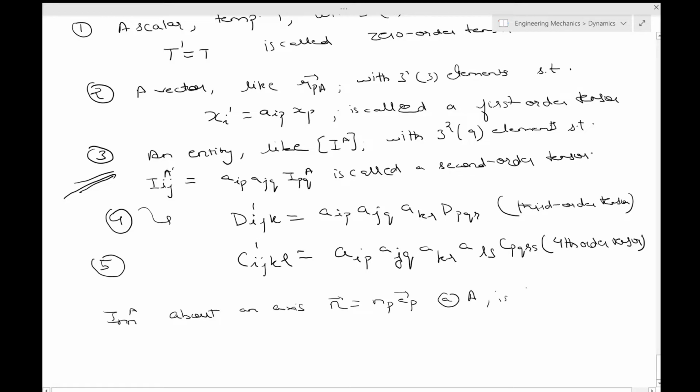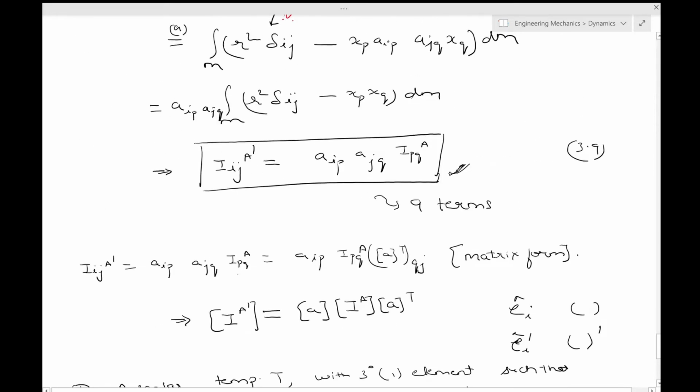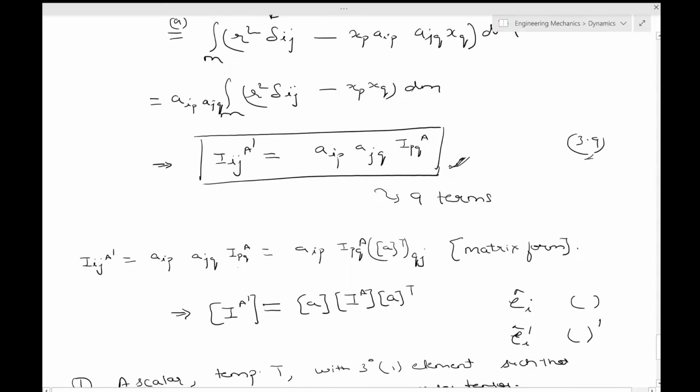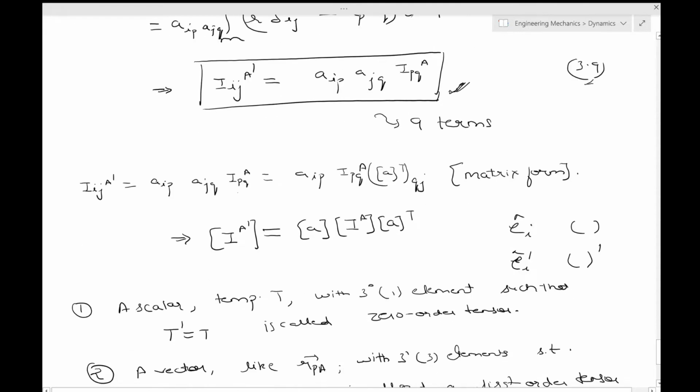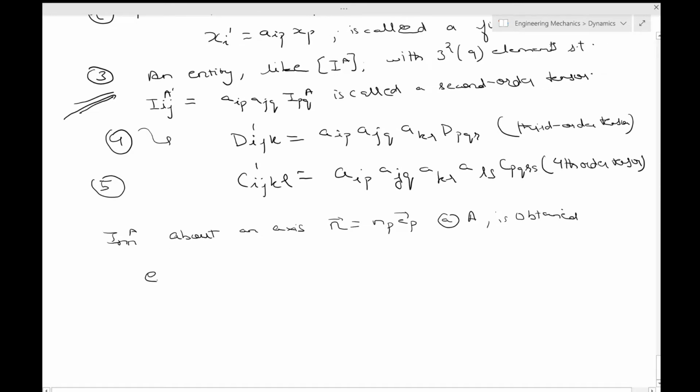This is obtained using this equation which we have just derived, 3.9. Okay, so just remember this. So e1 dash in this case will be equal to a1p e_p. This is equal to n, a1p is equal to n_p.